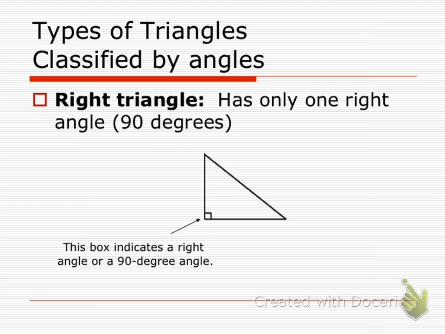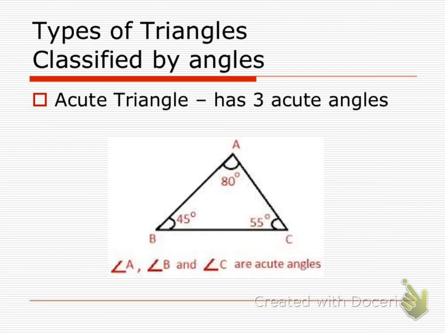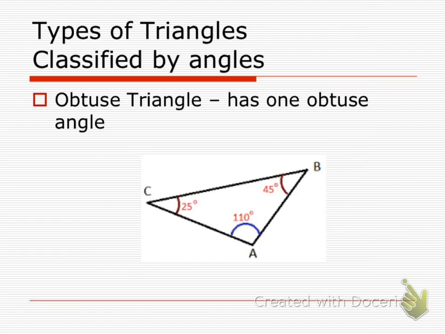The box indicates that those 2 perpendicular lines are forming a 90-degree angle. An acute triangle has 3 acute angles. So if it has 3 angles that are less than 90, but greater than, obviously, 0, then it would be called an acute triangle. And an obtuse triangle has 1 obtuse angle.